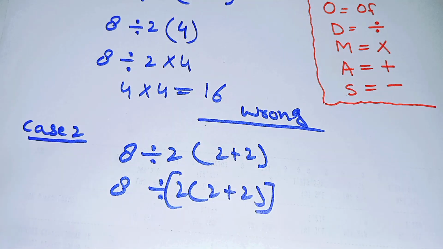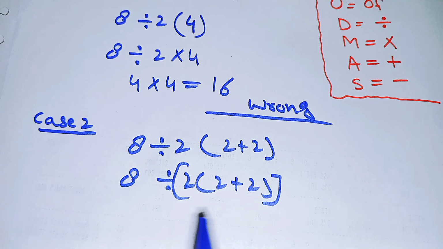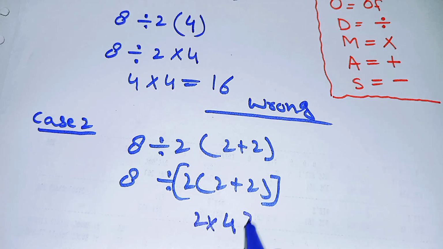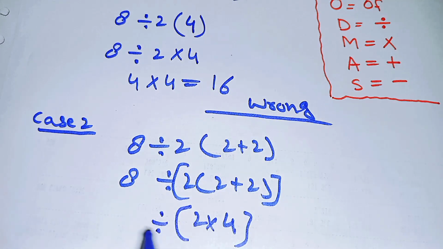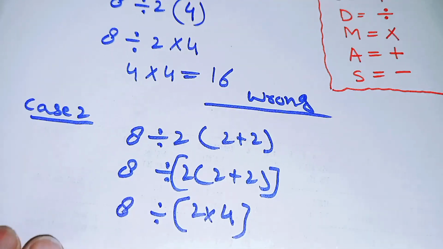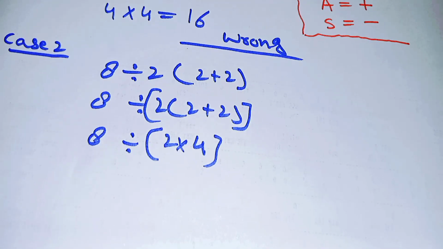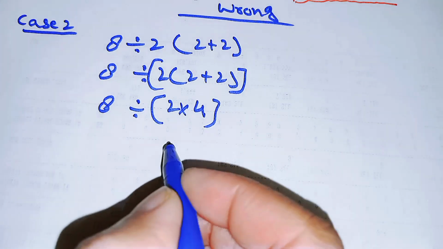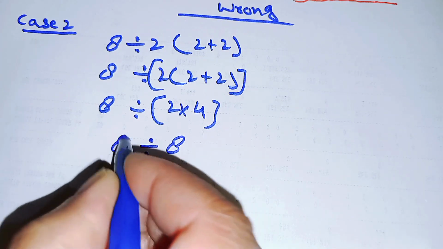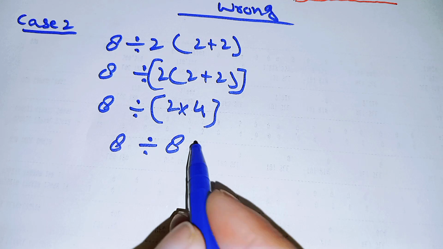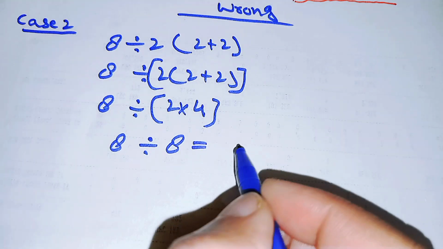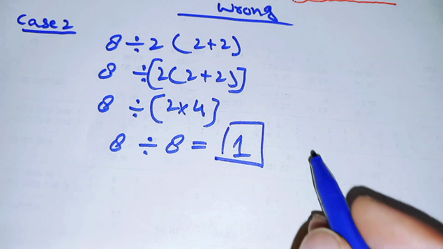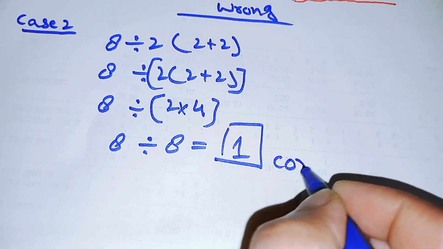So 2 plus 2 is 4, and 2 multiplied by 4 is 8, and then 8 divided by 8. So 8 divided by 8 is equal to 1. And now here it is the correct application of the BODMAS rule.